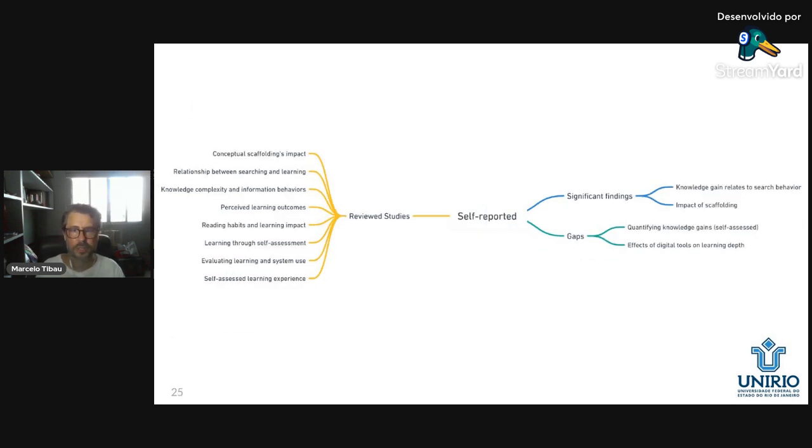Concerning self-reported perceptions of learning, significant findings on knowledge gain relating to such behavior and the impact of scaffolding on this gain. Again, gaps remain on quantifying knowledge gain and the effects of digital tools on learning depth.